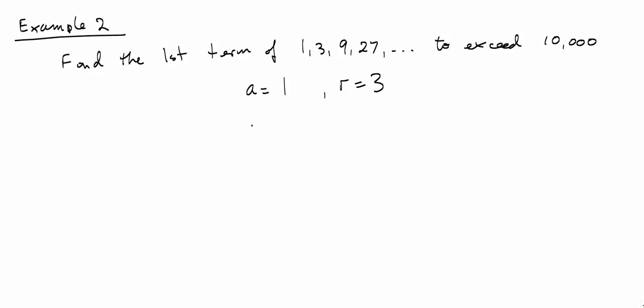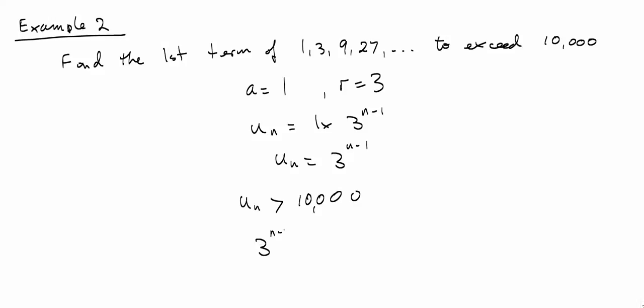So our general term un is a, or 1, times r, or 3, to the n minus 1. So un is 3 to the n minus 1. Now we want to know which term first exceeds 10,000. So we want to know what is the value of n for which un is greater than 10,000, or 3 to the n minus 1 is greater than 10,000.